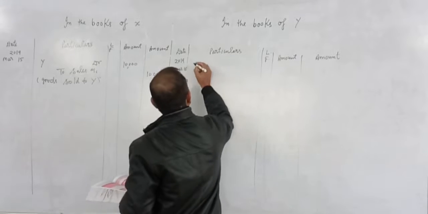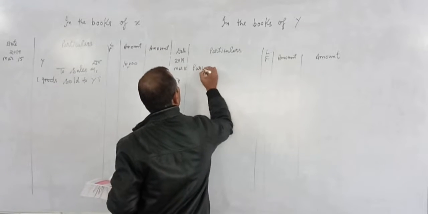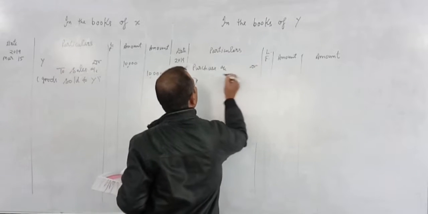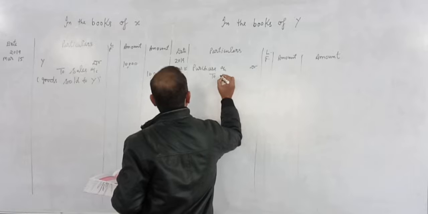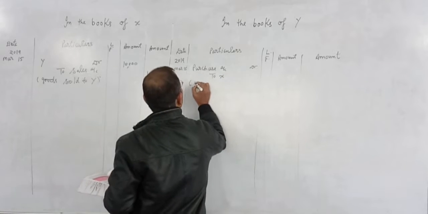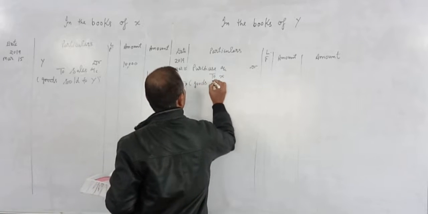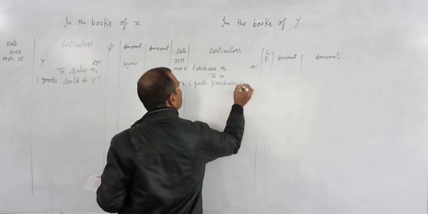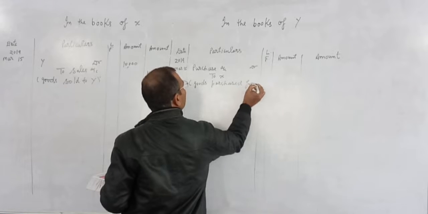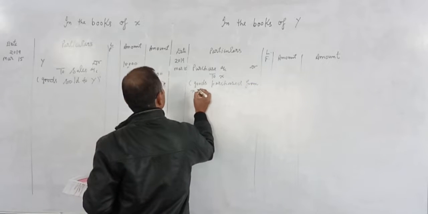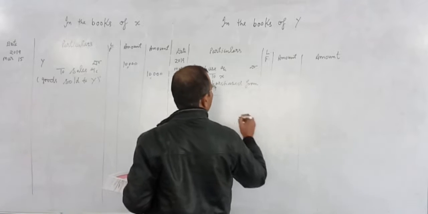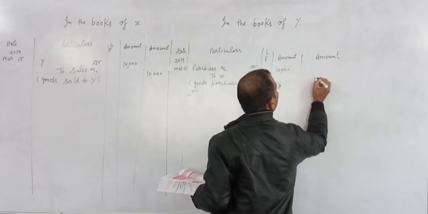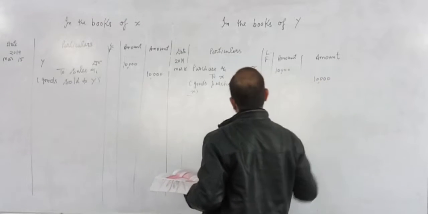Y will purchase, so we will write here purchase account debit to X. Goods purchased from X, and the amount will be the same, rupees 10,000 and 10,000.